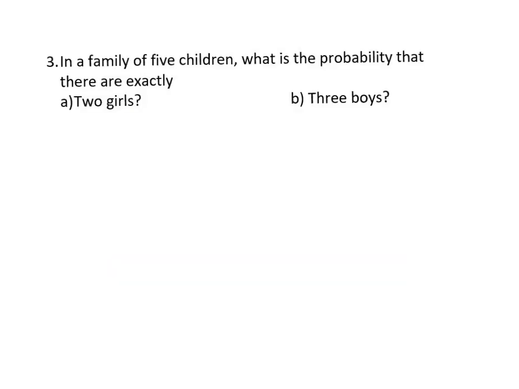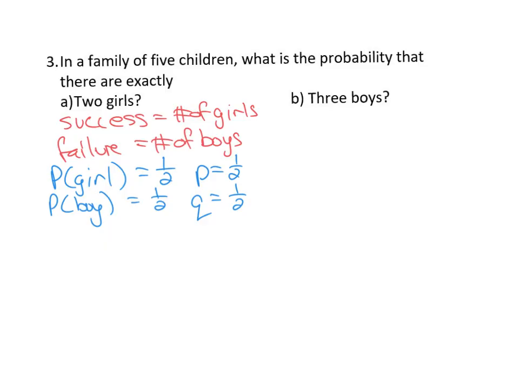In a family of 5 children, what is the probability that there are exactly 2 girls? So success in this case is the number of girls, and a failure is the number of boys. The probability of having each is 1 in 2. And so that's our p and our q. And we have 5 children, and we want exactly 2 girls.